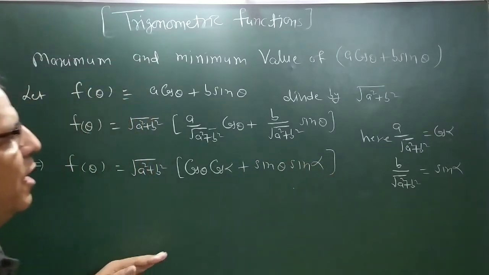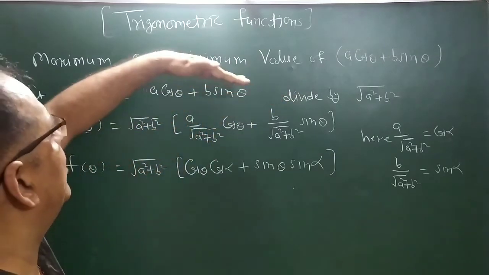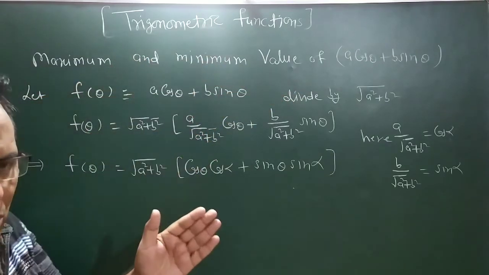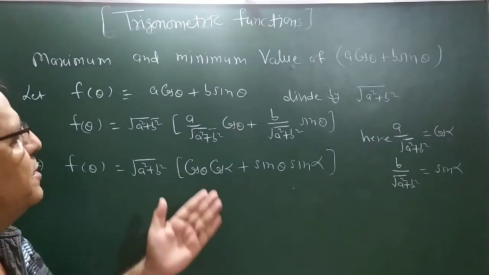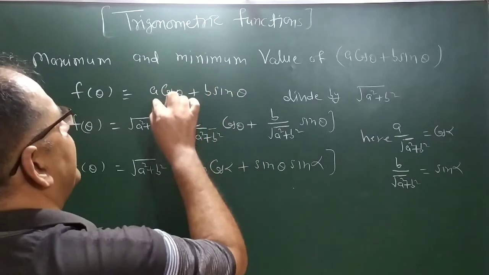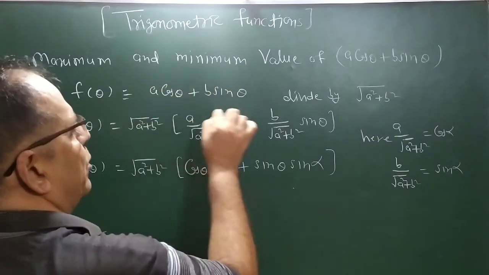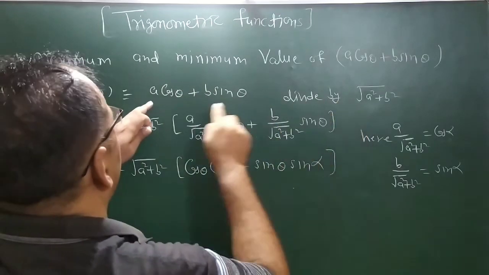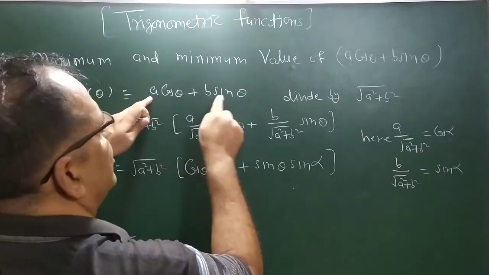Here our first objective is that we want to convert this trigonometric expression into the form of cos a plus b, cos a minus b, sin a plus b or sin a minus b. For it we divide and multiply the whole expression by the square root of the sum of squares of the coefficients of cos theta and sin theta.